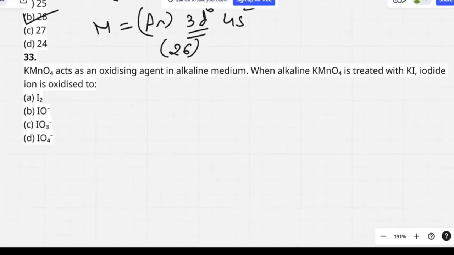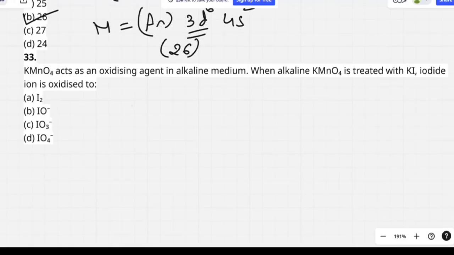KMnO4, potassium permanganate, acts as an oxidizing agent in alkaline medium. When alkaline KMnO4 is treated with potassium iodide, iodide ion is oxidized to iodate.